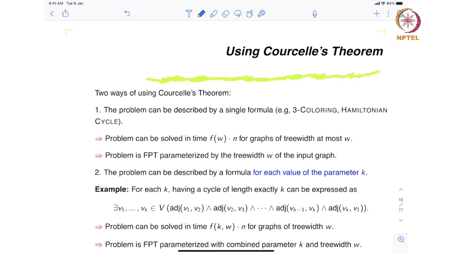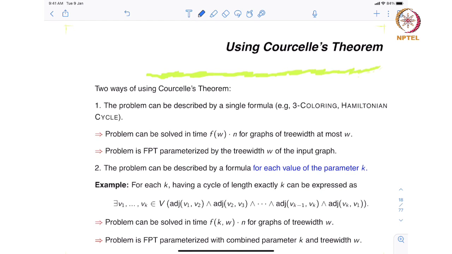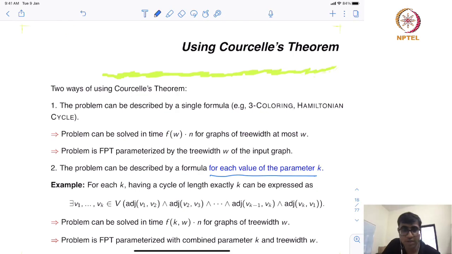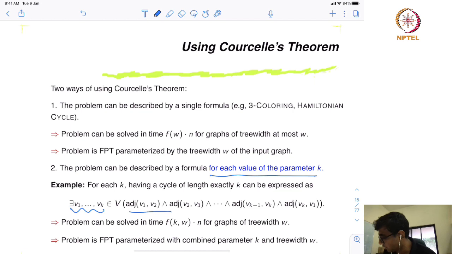But sometimes the problem can be described by a formula for each value of the parameter k. For example, for each k, having a cycle of length exactly k can be expressed as: there exist v1 to vk in V and these are adjacent to each other. That's it.